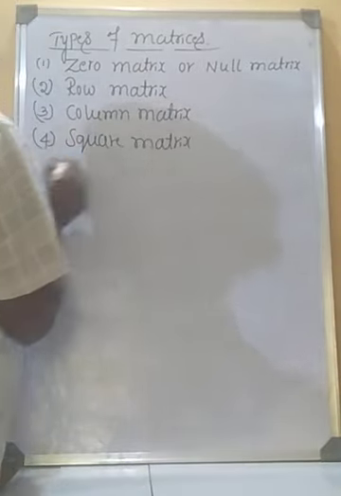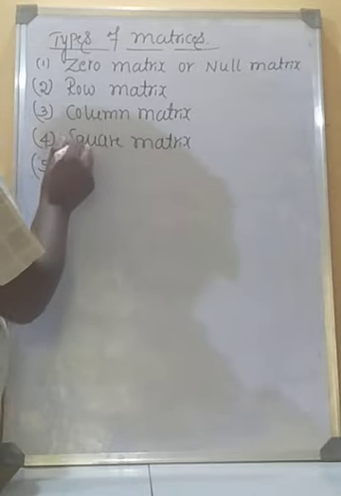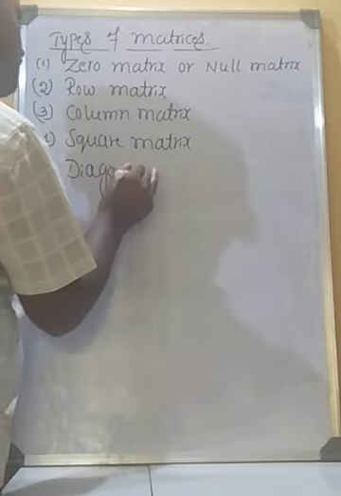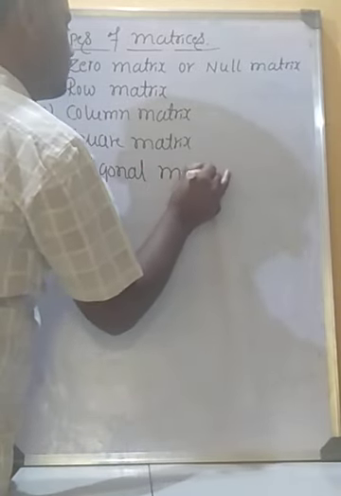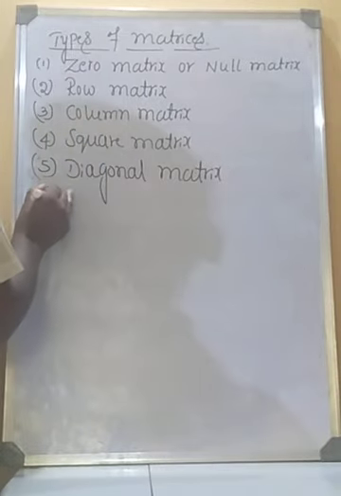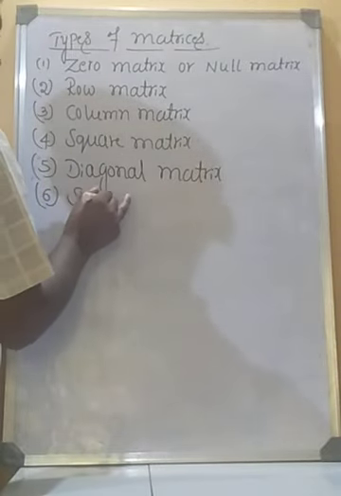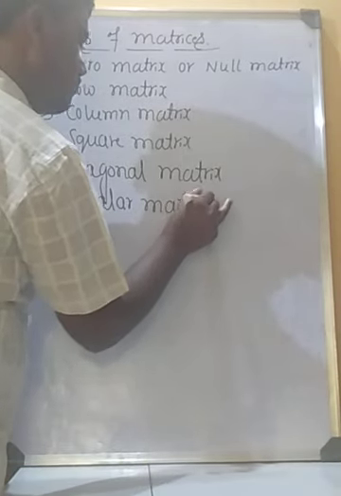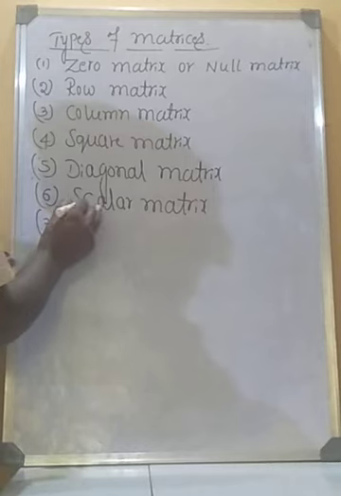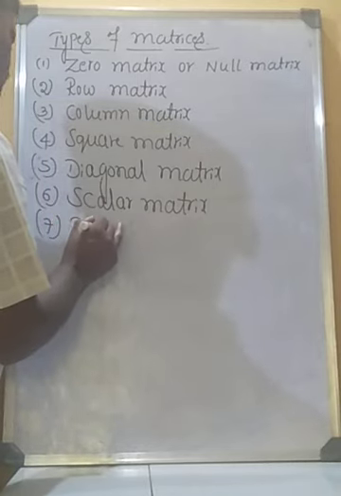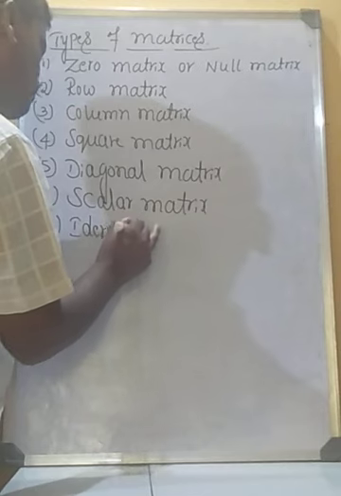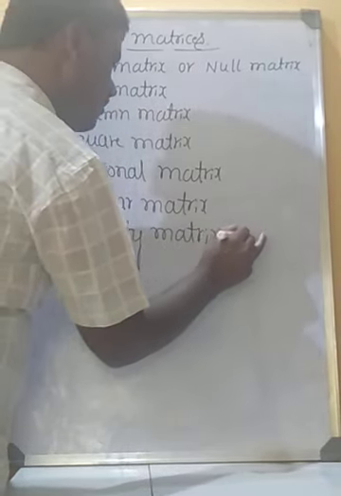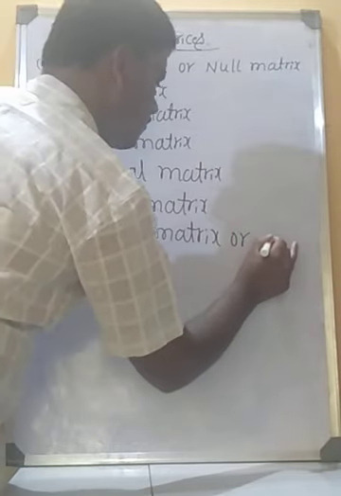Fifth, diagonal matrix. Sixth, scalar matrix. Seventh, identity matrix or unit matrix.